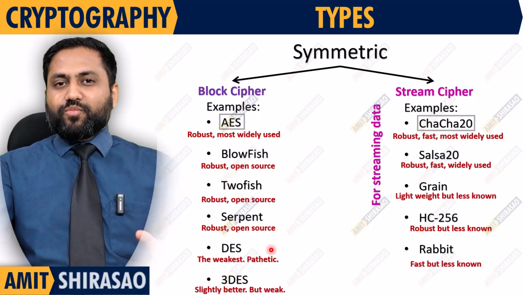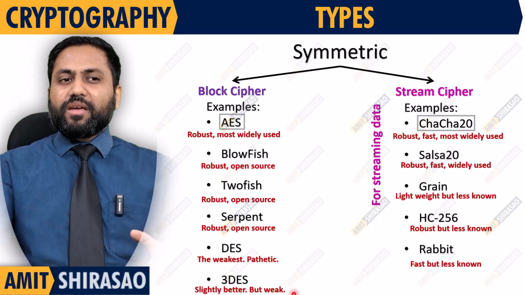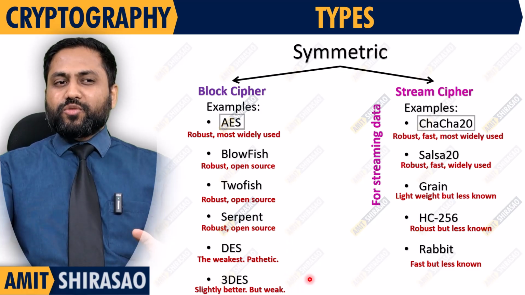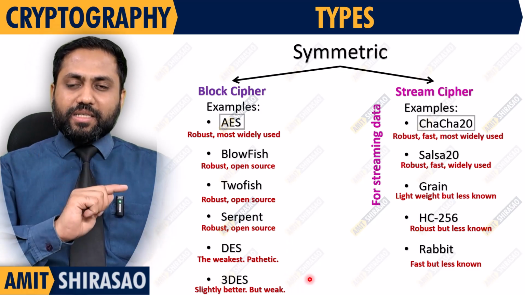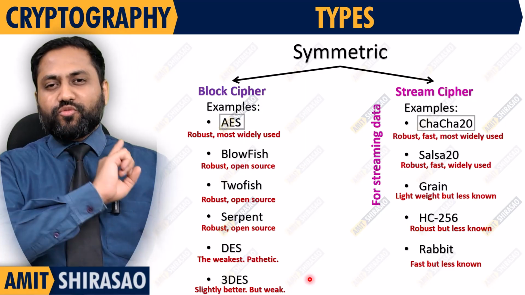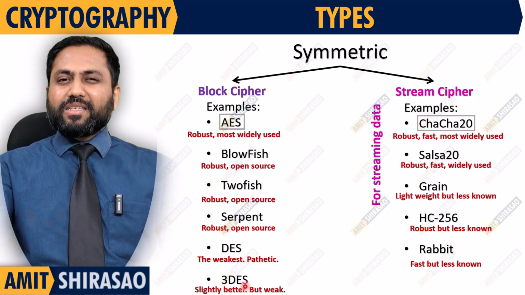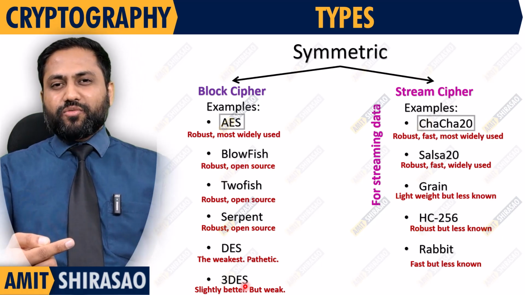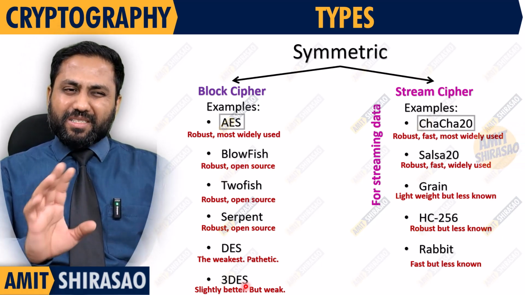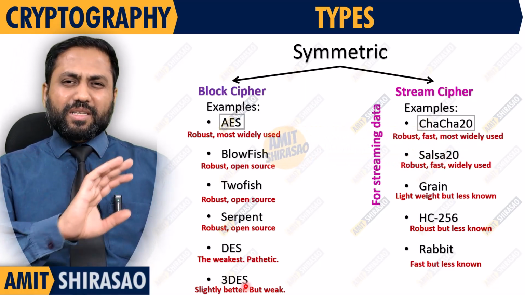Nowadays brute force attack is possible, and that's why algorithms that work on lesser bit size are very vulnerable to it. Such algorithms are DES and 3DES. 3DES is a slightly advanced version of DES and slightly better, but still it is weak.